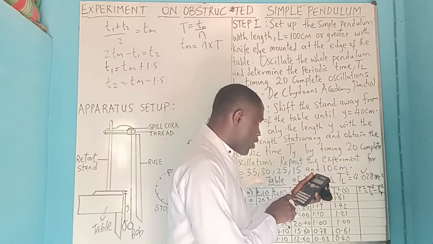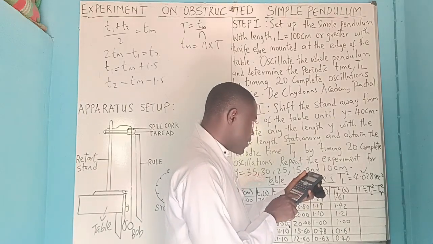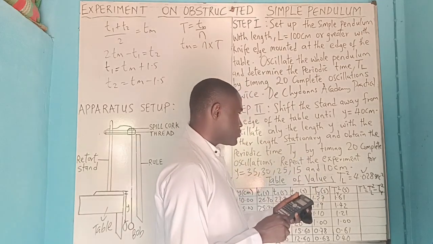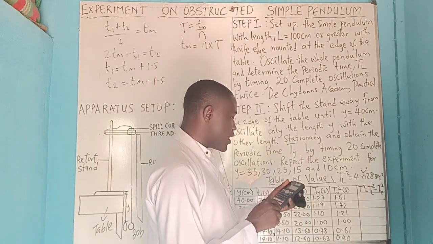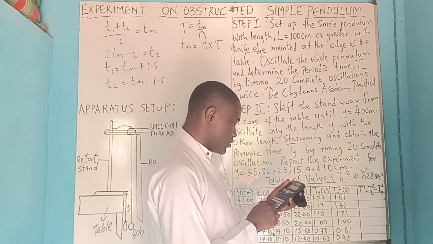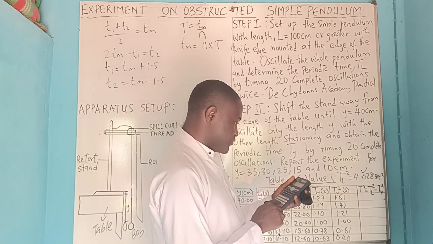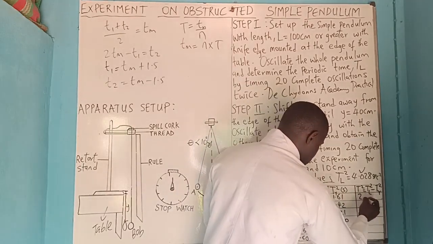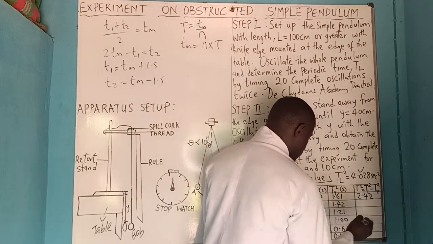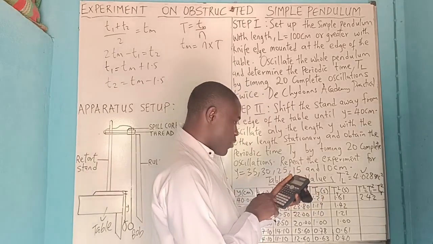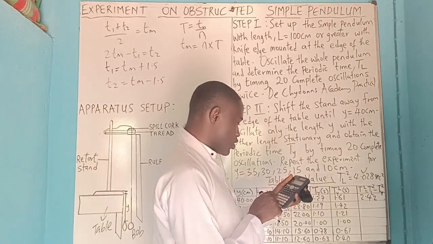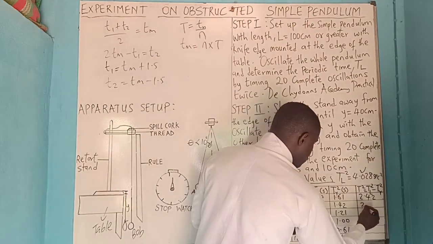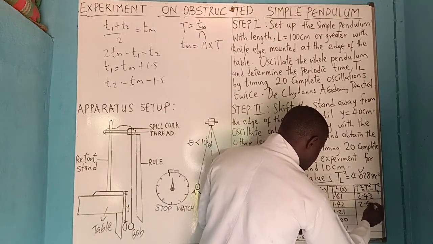We say 4.028 minus 1.61. 4.028 minus 1.61 will give you 2.42. 4.028 minus 1.42, 2.61.